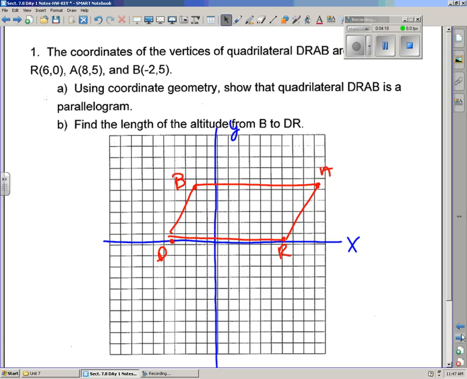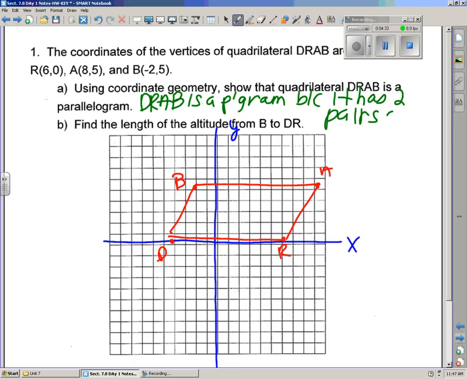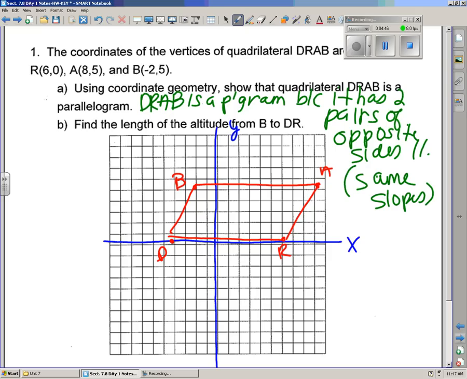Okay, so what I'm going to do is write: DRAB is a parallelogram because it has 2 pairs of opposite sides parallel. And I'm going to put in parentheses, same slopes.